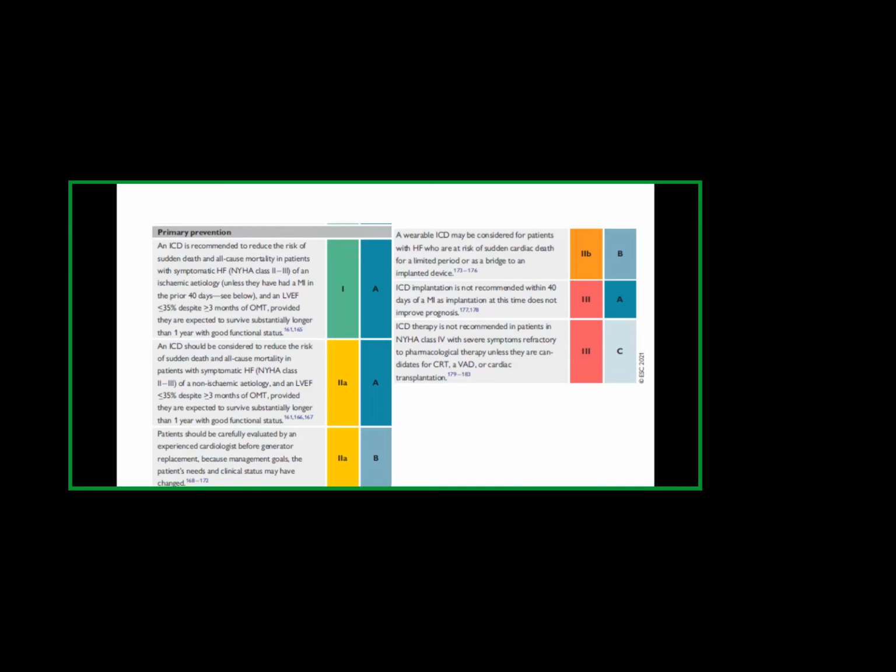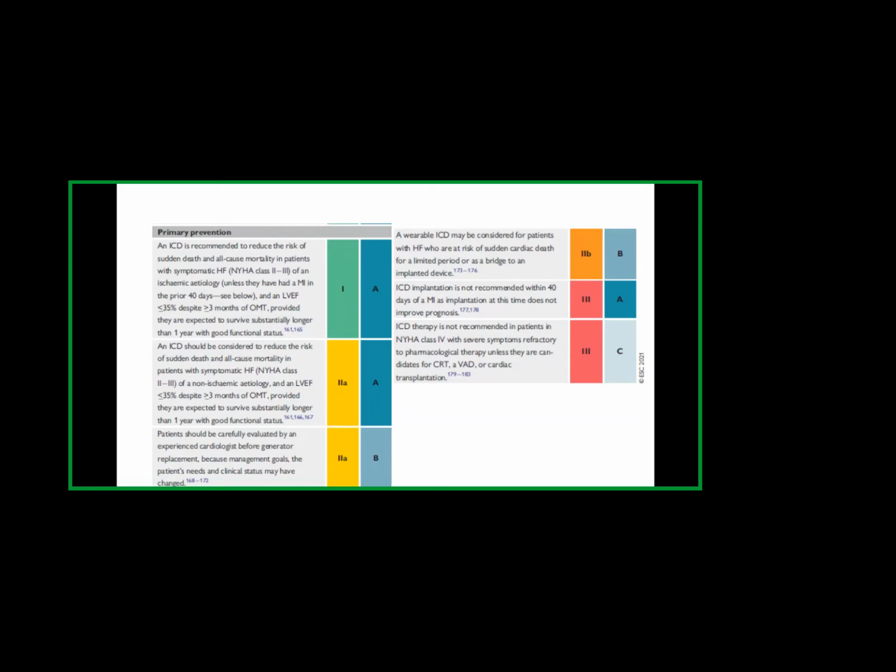Now, if the heart failure is due to an ischemic cause, you have to wait for 40 days, because immediately following ischemia, the ejection fraction may be low, but maybe with revascularization or even with remodeling and all that, after 40 days, it may improve.